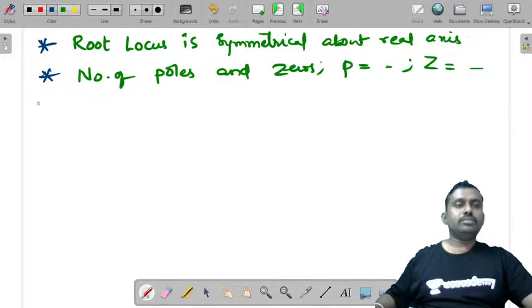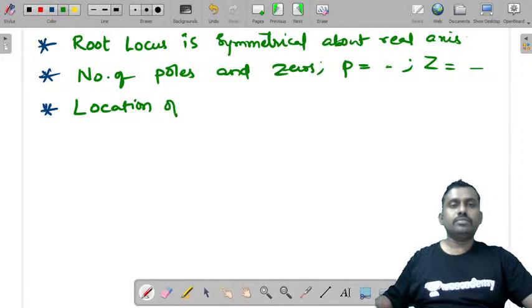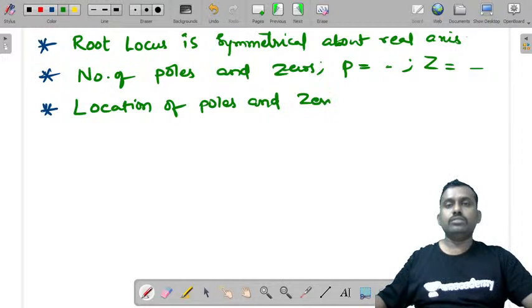Third step is the location of poles and zeros. Where are they located? P1, P2 and so on, and Z1, Z2 and so on.